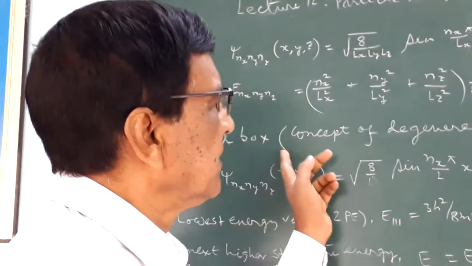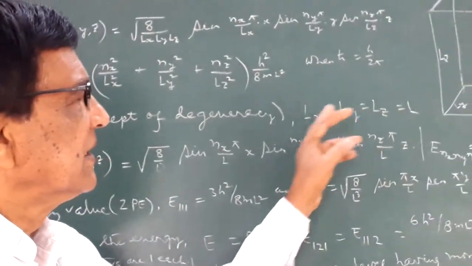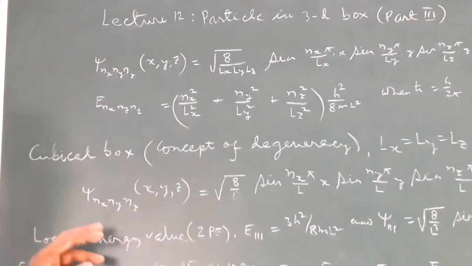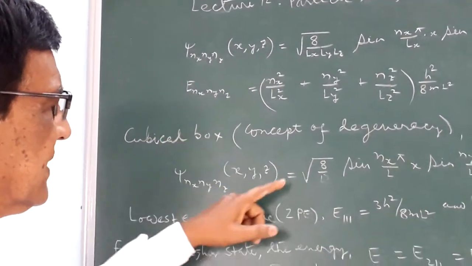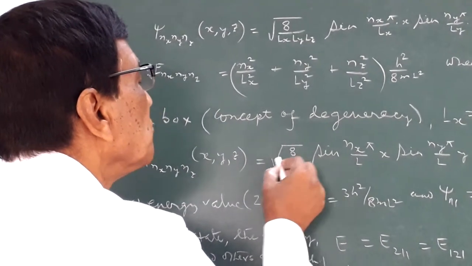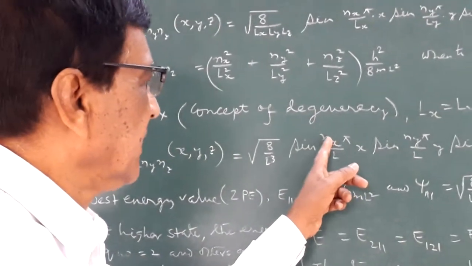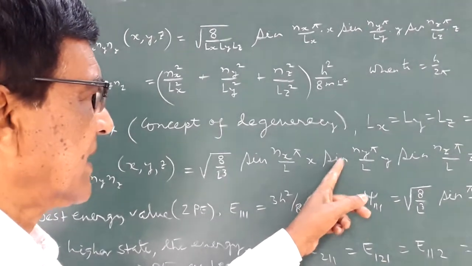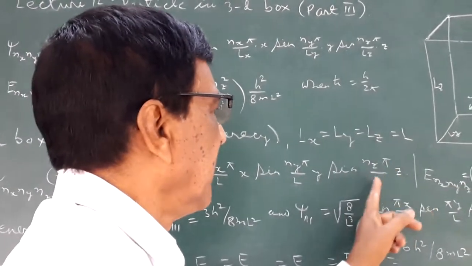For this cubical box, Lx, Ly, Lz are all equal, and let each be L. And in that case, the wave function ψ(nx, ny, nz)(x, y, z) equals root over 8 by L³ into sin(nx π x / L), sin(ny π y / L), and sin(nz π z / L).